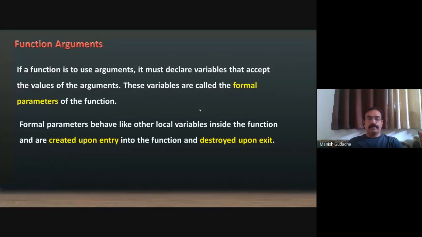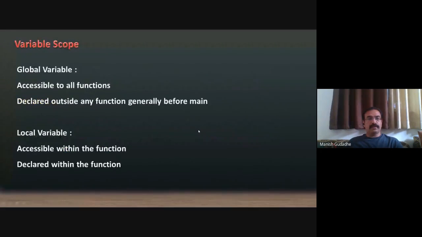The word I have used here is local variable. There are two types of variables, or scopes of variables: global variables and local variables. Local variables are variables declared within the function and used within the function.